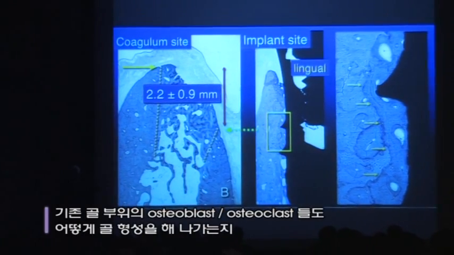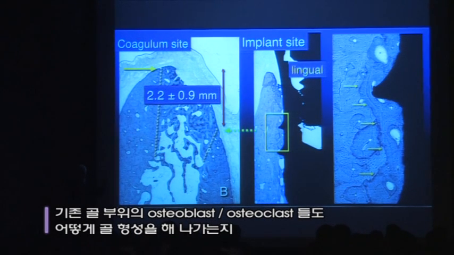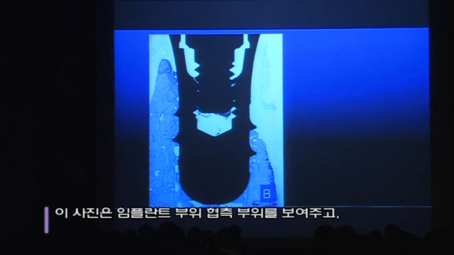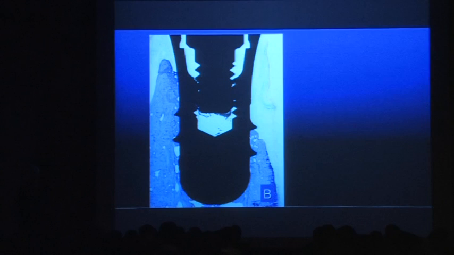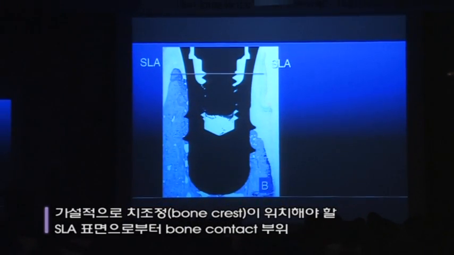So this, to me, tells us that this dog knows how to form bone. There's nothing wrong with the dog. His osteoblasts and osteoclasts are in good function. So this is how it looks at the buccal surface. This is the SLA surface where the bone level hypothetically should be located.